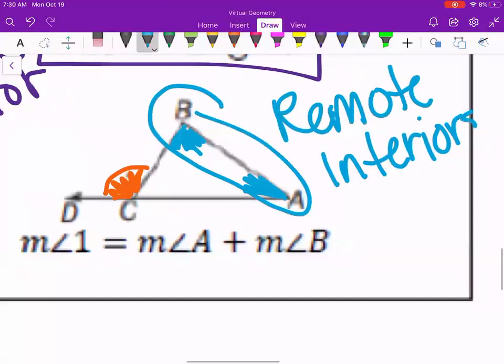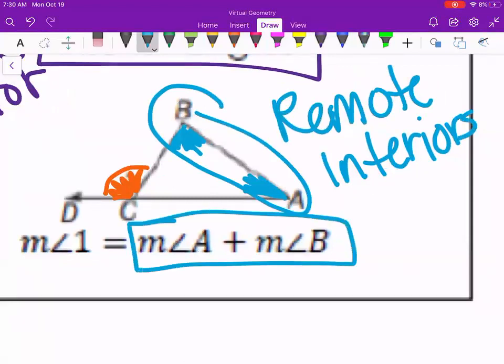Angle A and B, while again, angle DCA, or the measure of angle 1, that is my exterior because it is outside of the triangle.